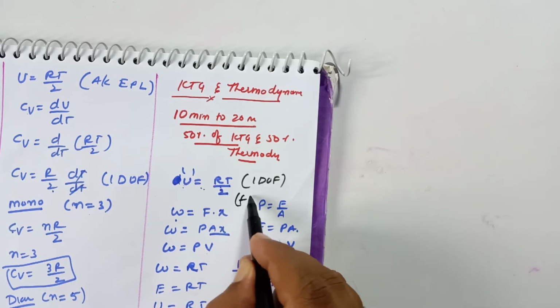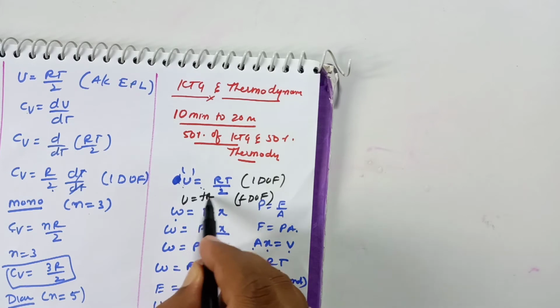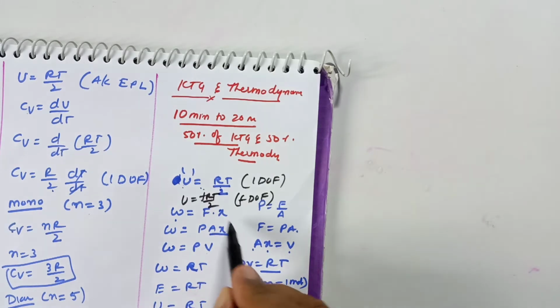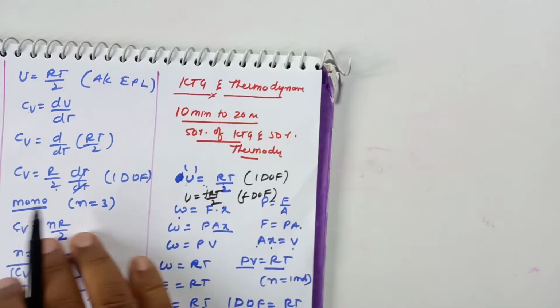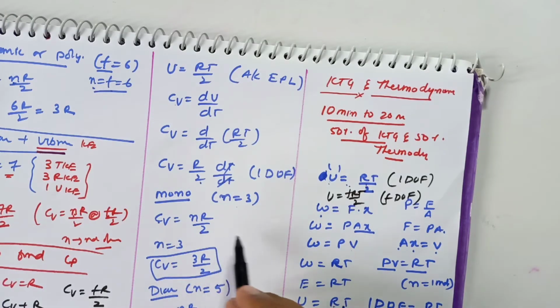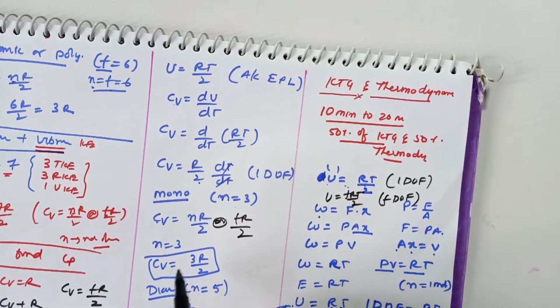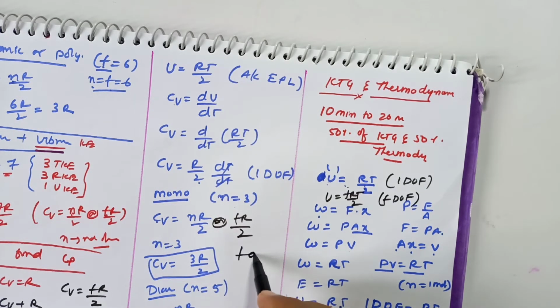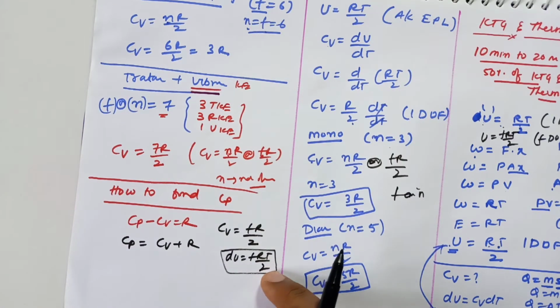For f degrees of freedom, it can be considered as fRT by 2. Understand? Whereas Cv can also be considered as nR by 2, or as fR by 2, where f and n are the degrees of freedom. Therefore, now internal energy is fRT by 2 here.